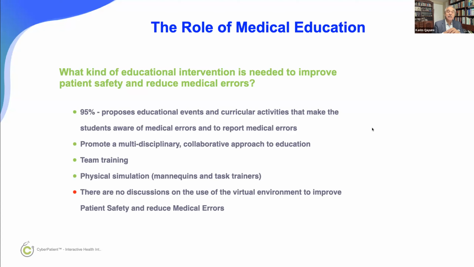And then team training is very important. And physical simulation, some people recommend. All these things are very important. I'm not saying they're not important. But we forget about one thing: how to teach medical students and how to update staff with their skills, competencies, and knowledge to not make medical errors.